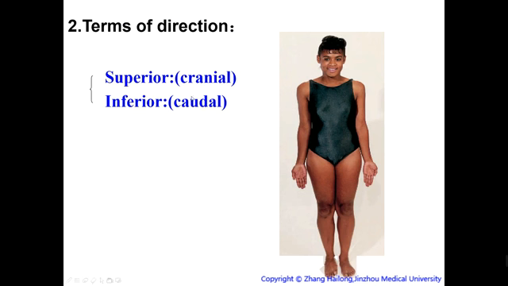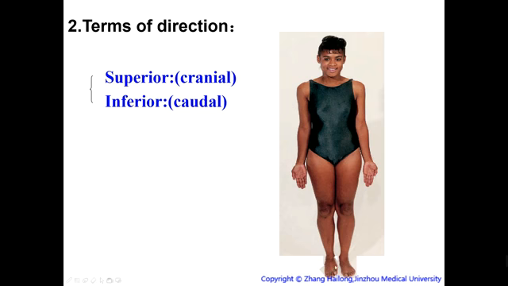The first pair of terms of direction is superior and inferior. Superior means the structure or organ is very close to the head, the upper part. And inferior is the opposite direction, near to your foot, the base of your foot.